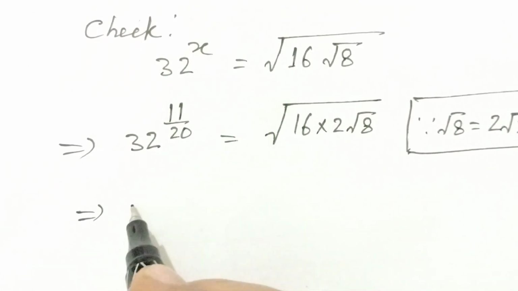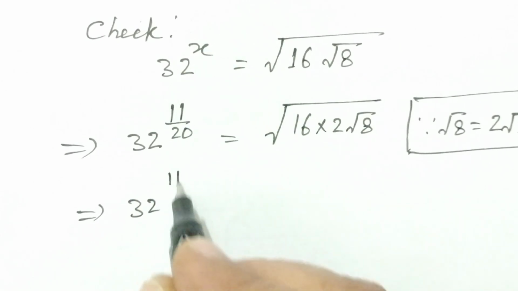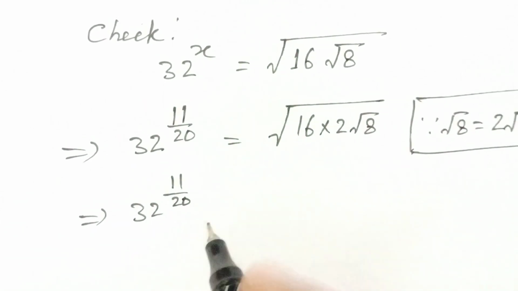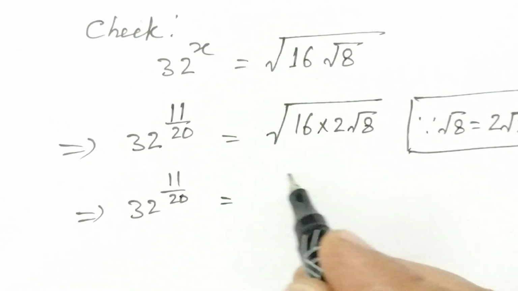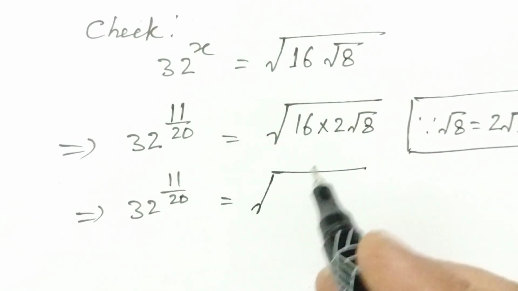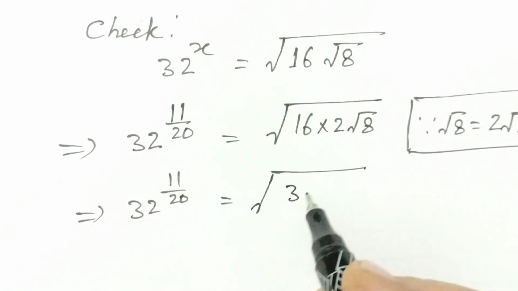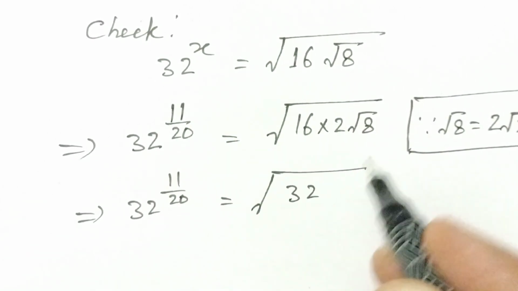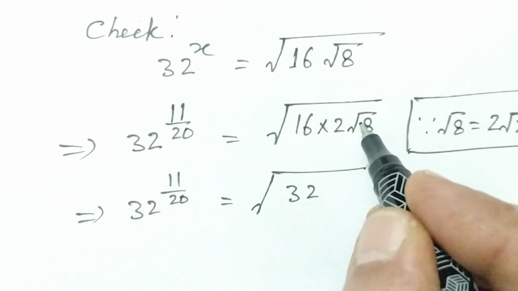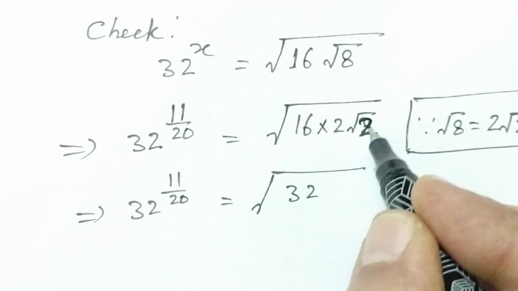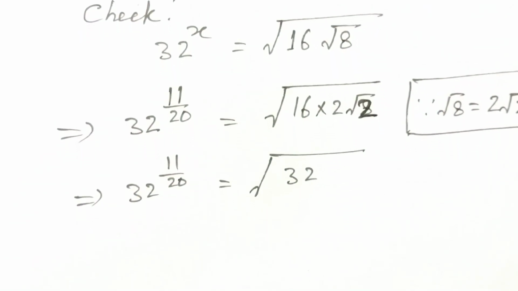Now 32 to the power 11 over 20 is equal to square root of 16, which is 4, into 2 square root of 2. I am extremely sorry, here 2, right?